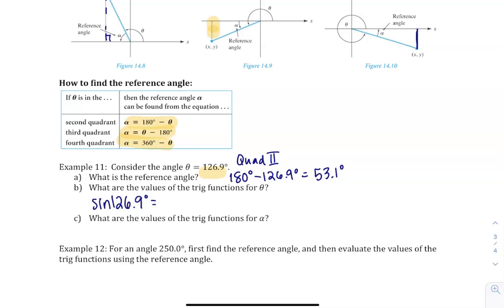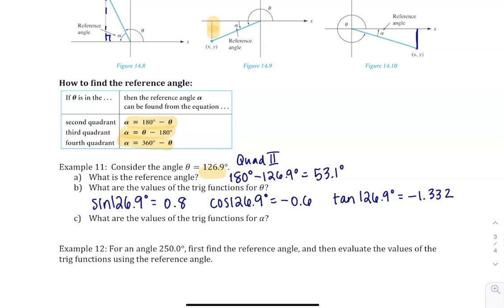If in your calculator you do sine of 126.9, you get about 0.8. If you do the cosine of 126.9 degrees, you're looking at negative 0.6, and the tangent of 126.9 degrees is negative 1.332.